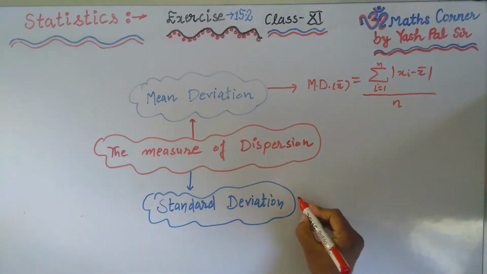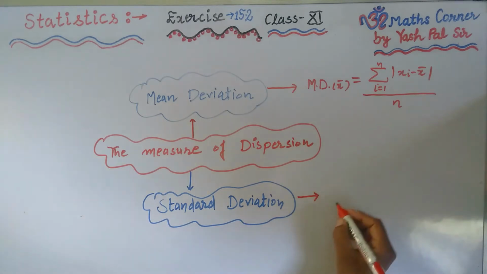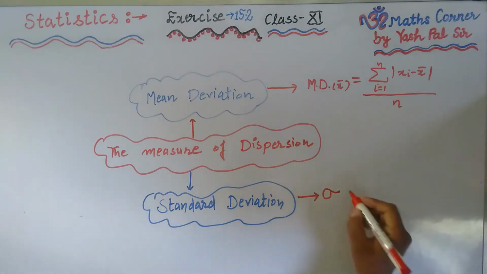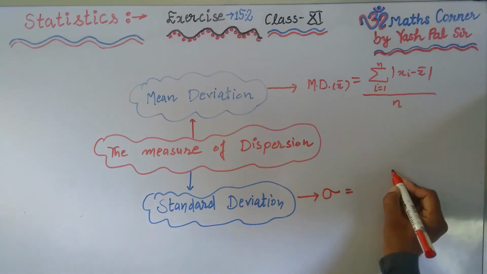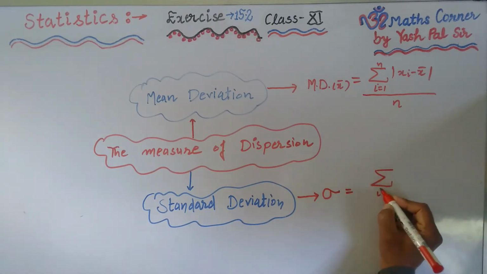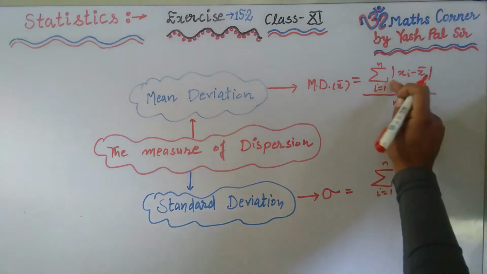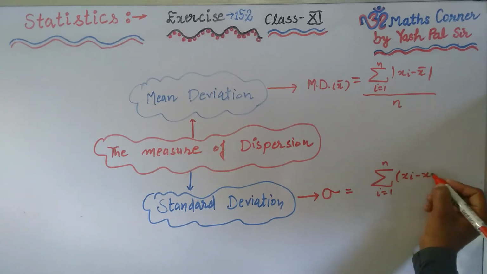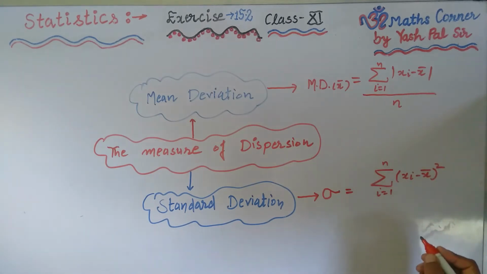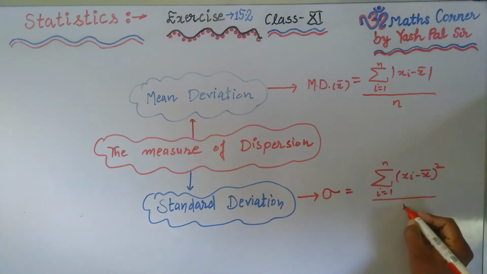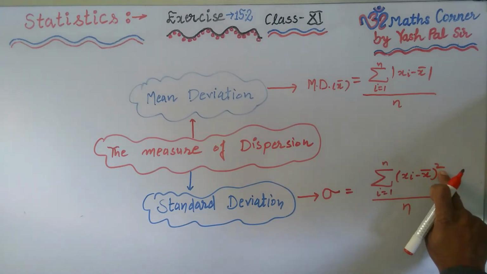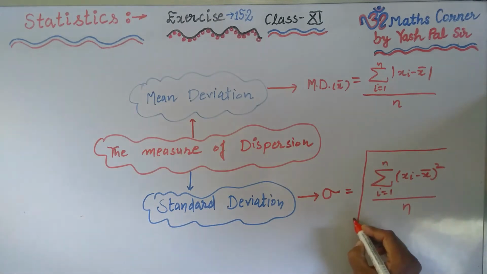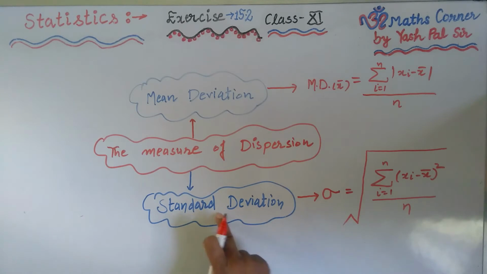Now here for standard deviation, we use the symbol sigma. This is equal to the square root of summation i equals 1 to n, in place of modulus we use the bracket (xi minus x bar) whole square, divided by n. In order to remove the square sign we take the square root of the whole term. So this is the standard deviation.